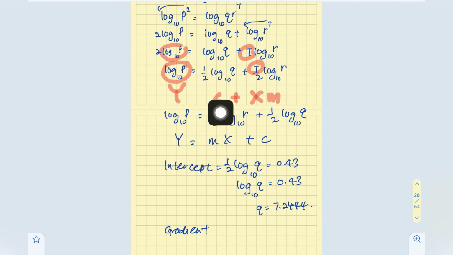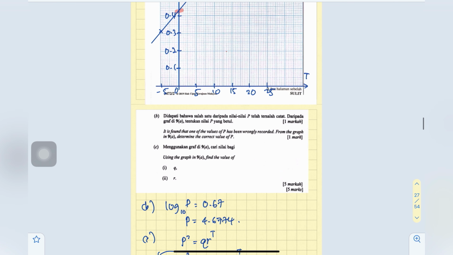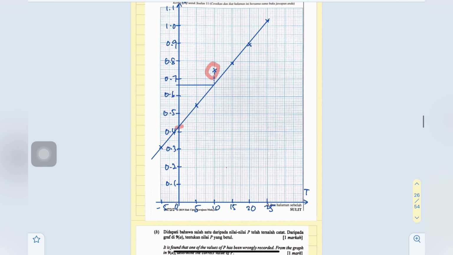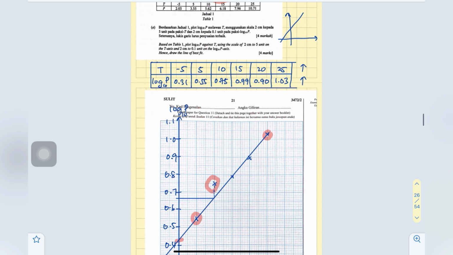So lepas tu gradient pula. Okay, gradient kat sini lah selain daripada T. So maksudnya 1 over 2 log R base 10. Okay, nak cari gradient kita tengok kat graf mana titik yang kena. Mungkin titik yang kedua dengan yang terakhir. Okay, so kita gunakanlah y2 minus y1 over x2 minus x1 formula yang itu.